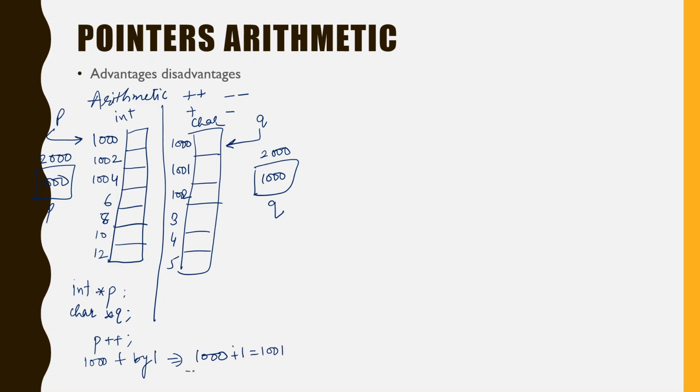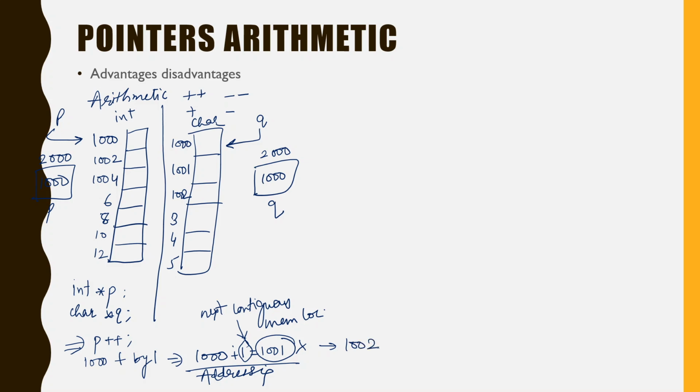But in the concept of addressing, incrementing by 1 means the next contiguous memory location, right? So in case of an integer array, if you do p plus plus, instead of going to 1001, it would go directly to 1002, because you can see that the next element is available at 1002, so it will go to 1002.